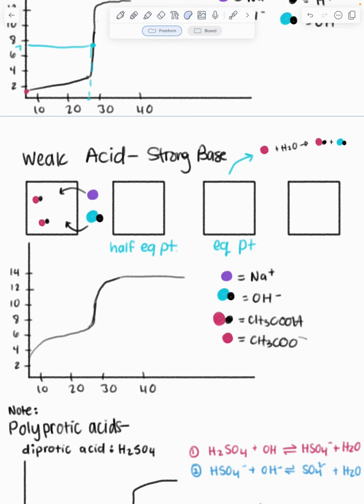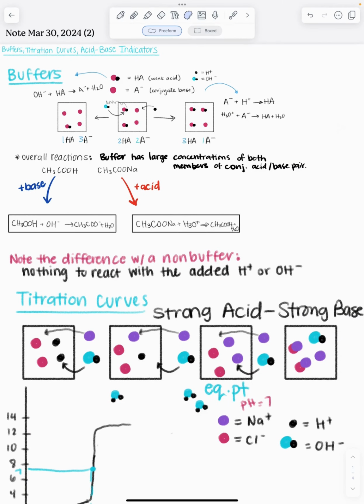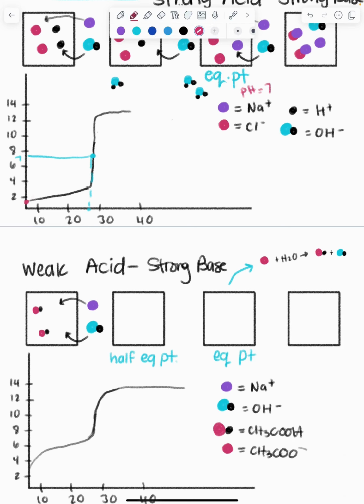So the hydroxide ion is going to react with the acetic acid, just like how we saw in the buffer solutions, and it's now going to form... I'll still have one molecule of my acetic acid remaining that has not reacted, but now my conjugate base has been formed, and water. Okay, and the sodium ion is just floating around in solution.